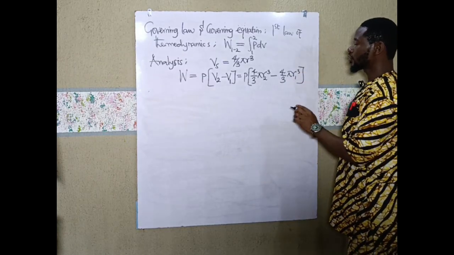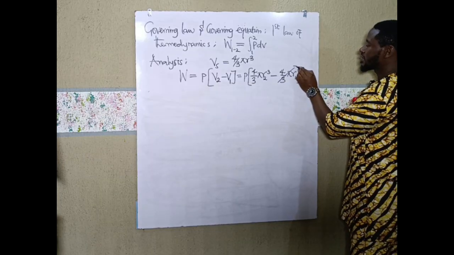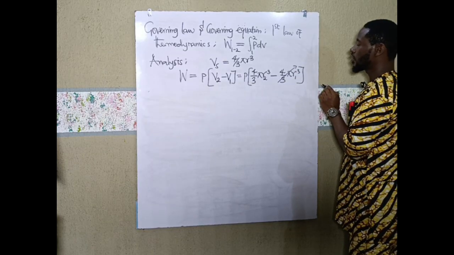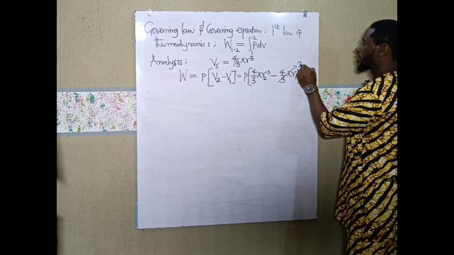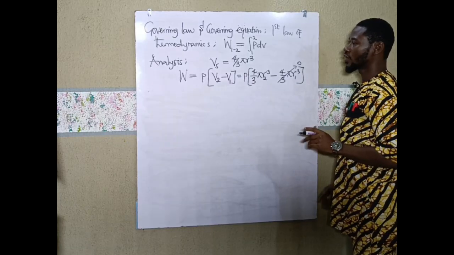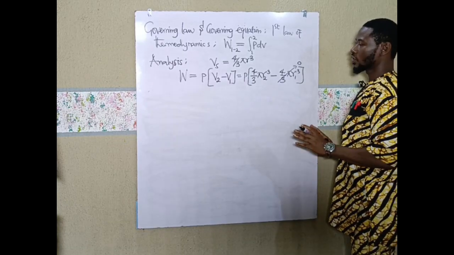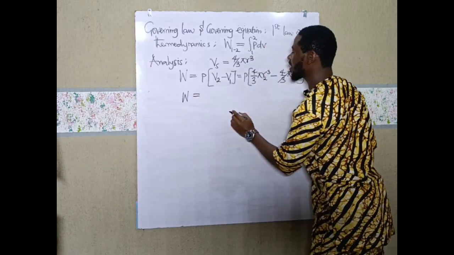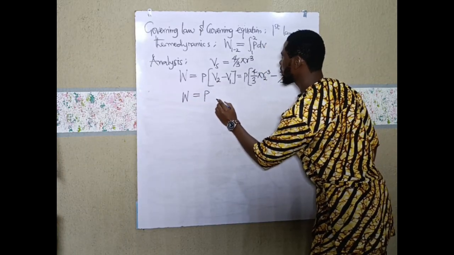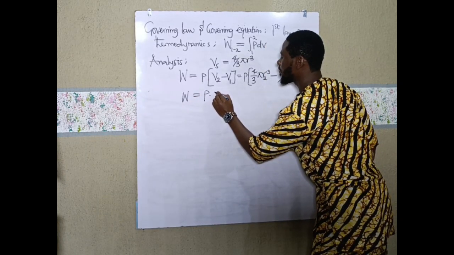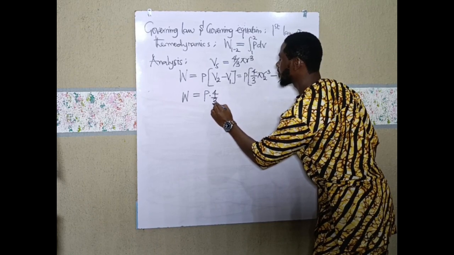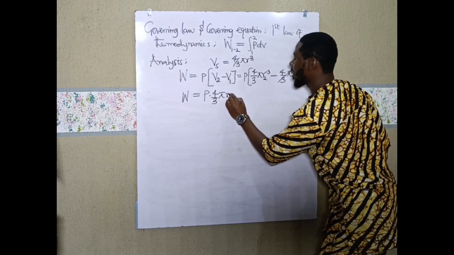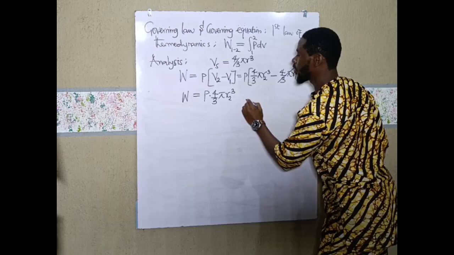Now, from our assumption, we notice that the initial radius is 0 as the volume becomes negligible in this case. So our final mathematical expression becomes P multiplied by 4 over 3 pi r2 raised to the power of 3.